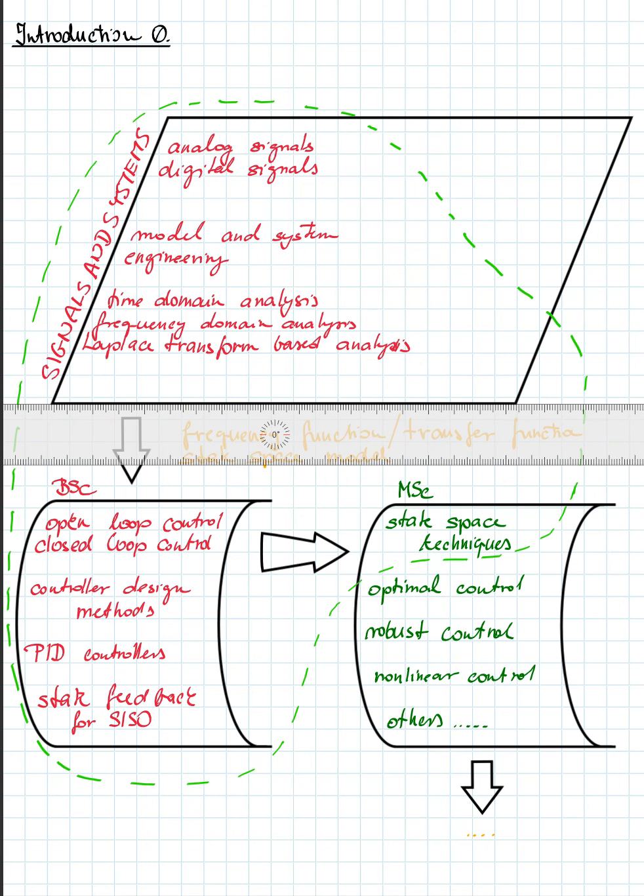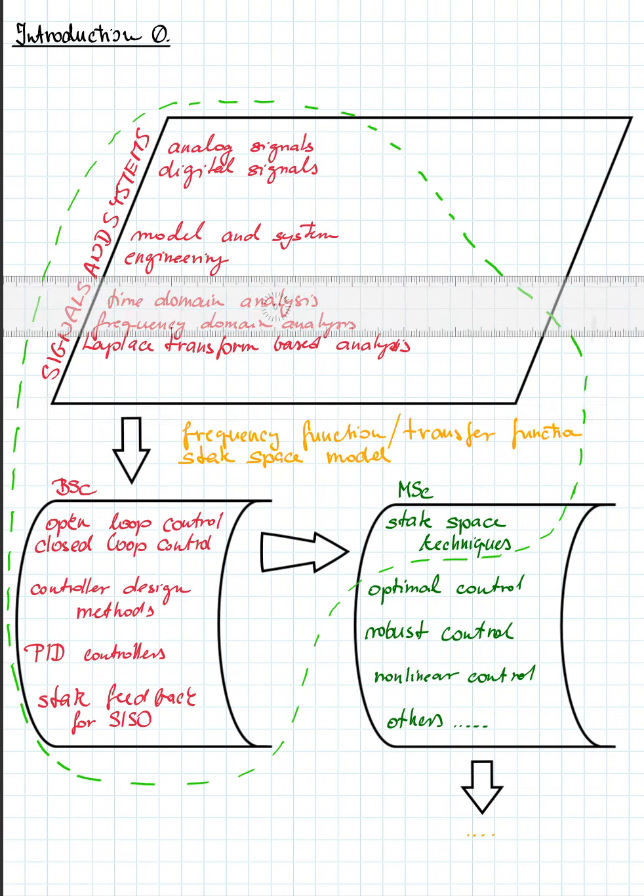First of all, I would like to say some words about the curriculum and about the basics which we really need in this master course. So the first thing we need is the so-called signals and systems. It is a subject usually in the bachelor studies.